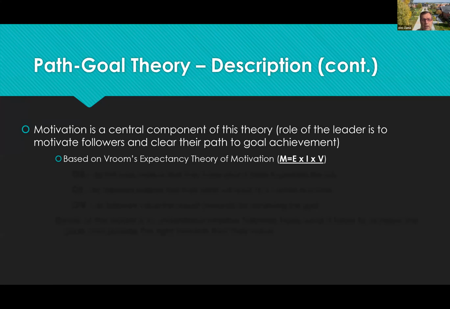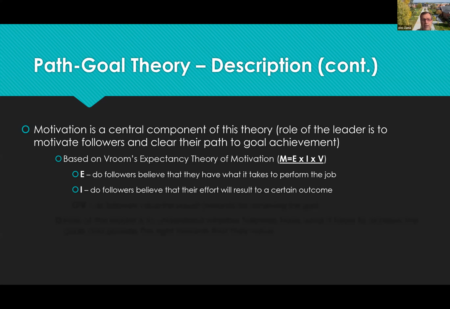Motivation here is based on Vroom's expectancy theory of motivation. And I added the formula right here: motivation is a product of expectancy, instrumentality, and valence. When you think about expectancy, do followers believe that they have what it takes to perform the job? So do they have the skills, and do they believe that if they exert the effort, they are going to succeed?